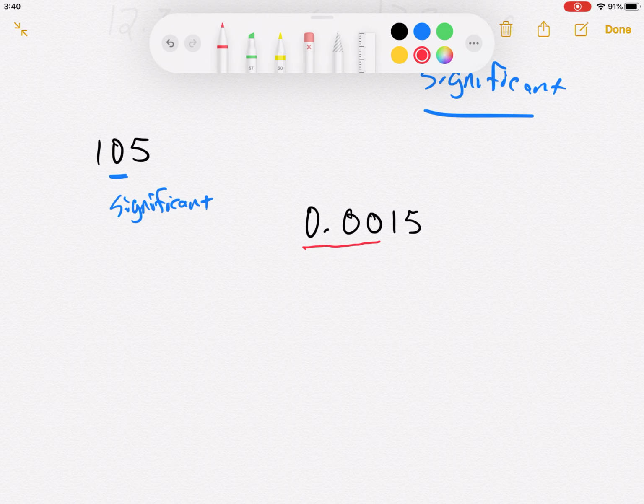These 3 zeros, they're necessary, and so they are insignificant. Those 3 zeros are insignificant because they have to be there to show me where the decimal point is. So we'll just say not significant. But if I added a 0 to the end, that 0 is unnecessary, that 0 is significant.